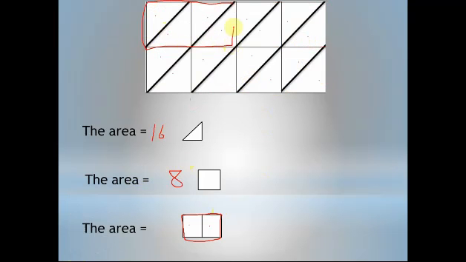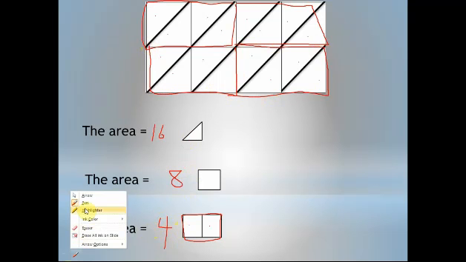Here this is 1, 2, 3, 4, so they are 4. So look at the 3 questions, they have different answers even if we have the same figure, so concentrate on the units that we give you.